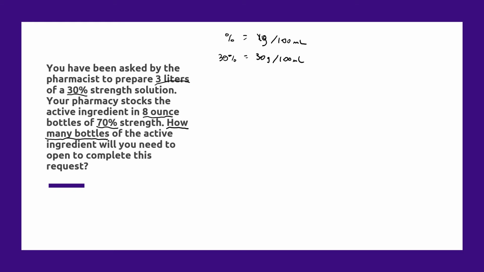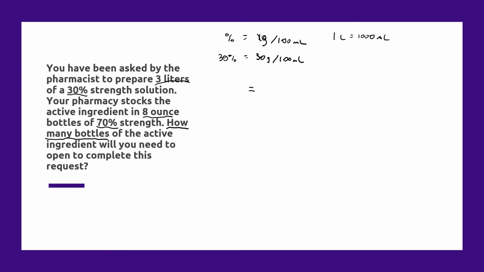So to figure out how much total active ingredient we would have in 3 liters, we need to make a conversion. And again, this is important that you understand that 1 liter is equal to 1,000 milliliters. So 3 liters obviously would be equal to 3,000 milliliters. So we'll set up our first conversion to figure out how much total active ingredient we need.